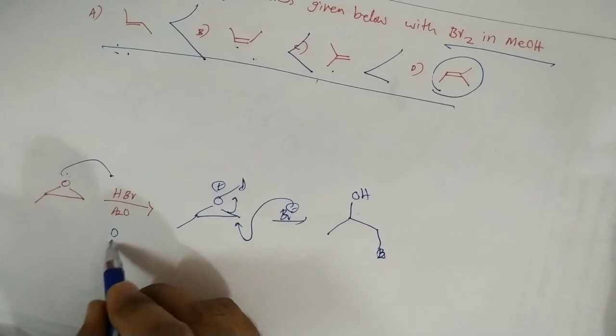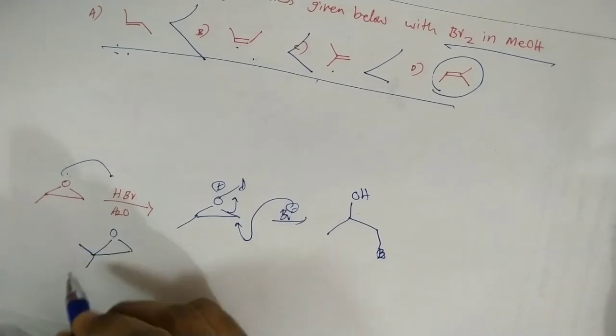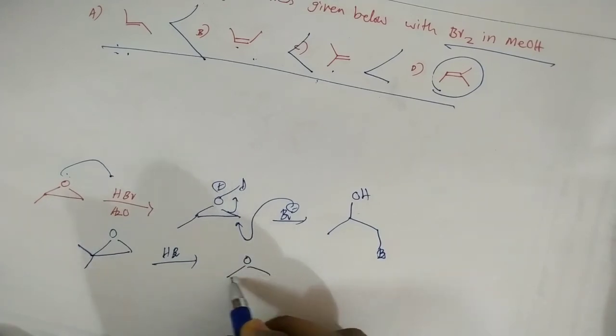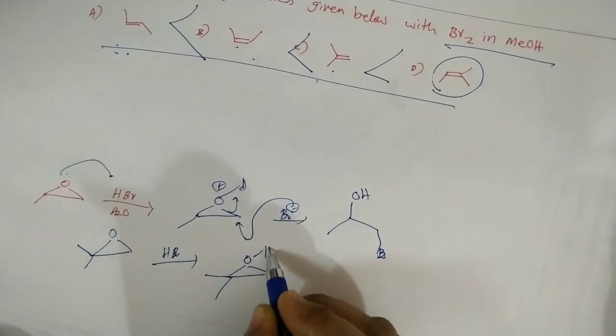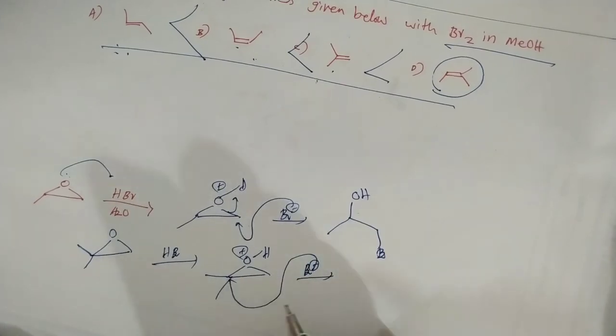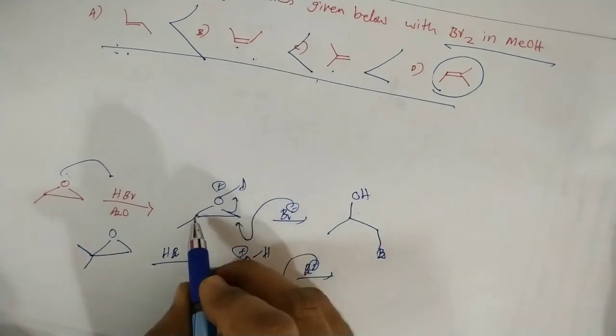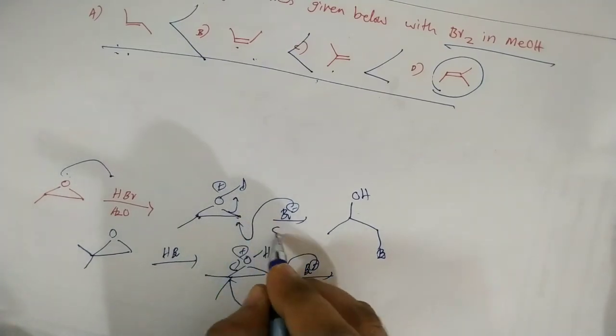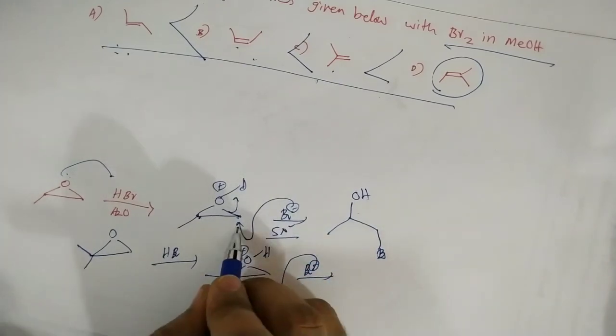For the same type of ether, suppose two methyl groups are there. On reaction with HBr, first of all protonation takes place. Now the Br minus nucleophile attacks this tertiary carbon. Actually, it is simple: one is primary and the other is secondary, and primary is more reactive in SN2 type reactions.